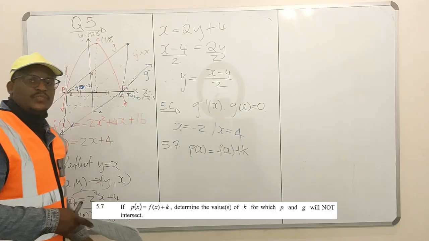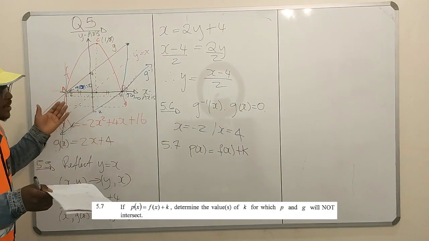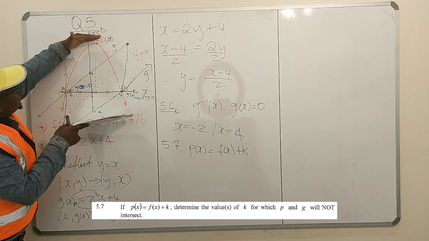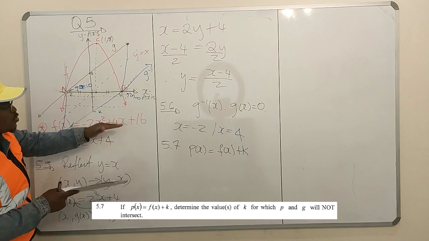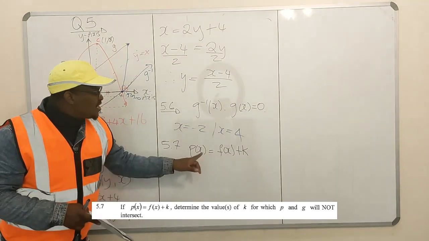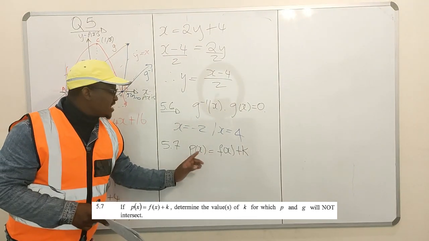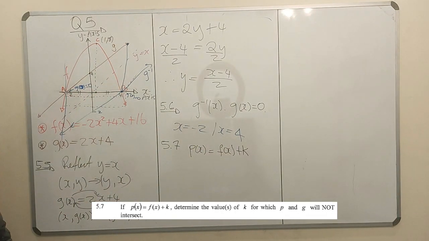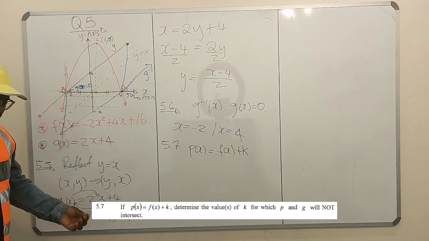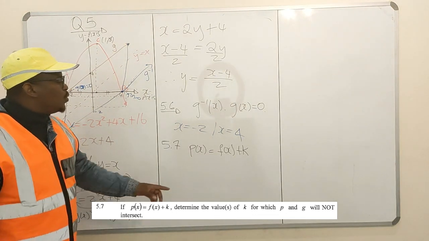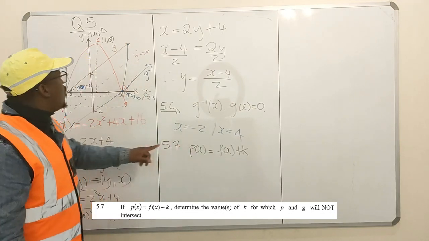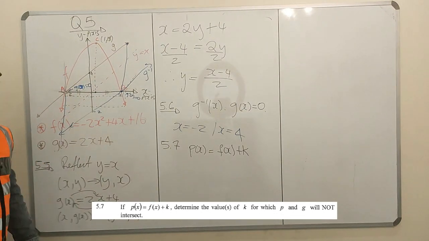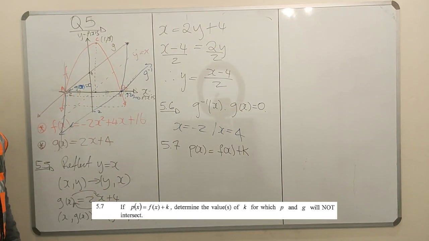In simple terms, they're asking how many units should we drag f down to form the new p, such that p does not intersect g, which is the straight line here. They're asking how far we should drag f downwards in order for the new version of f, which is p of x, not to intersect this graph here.